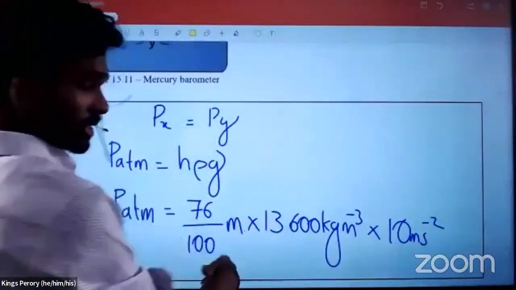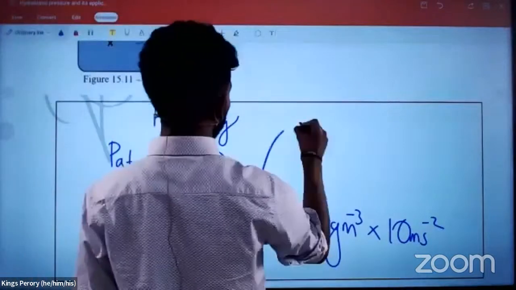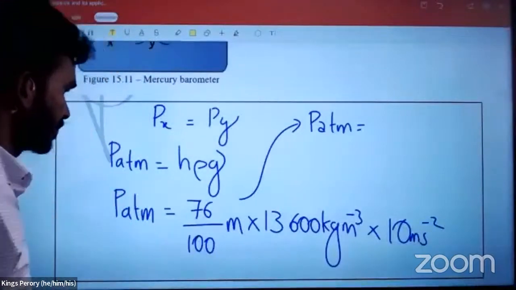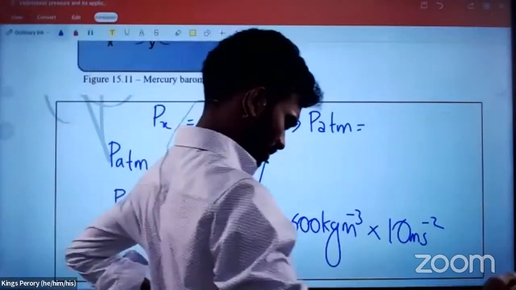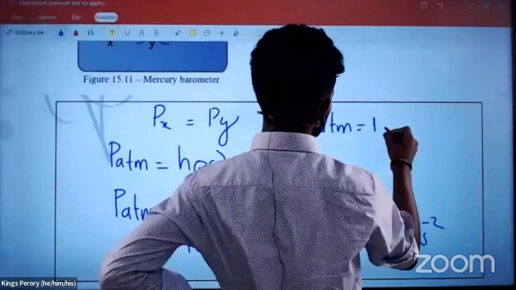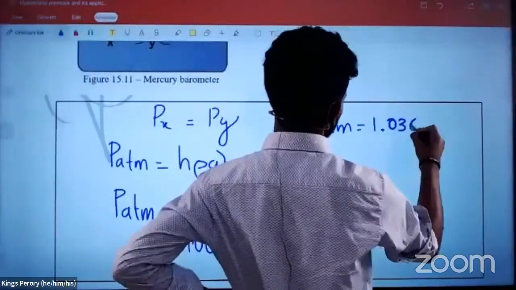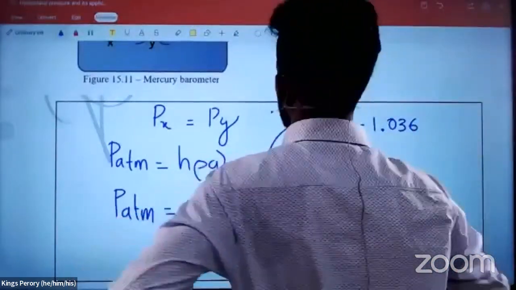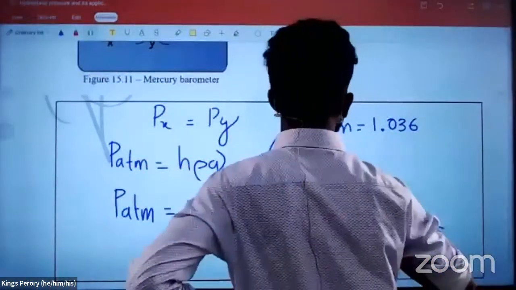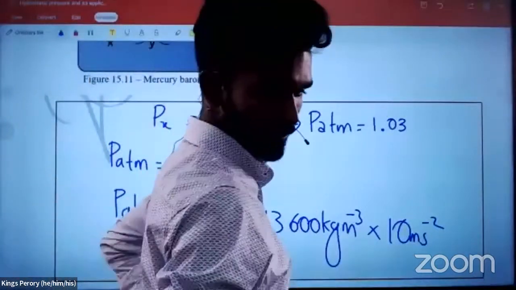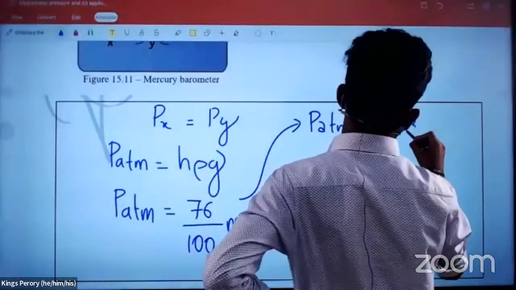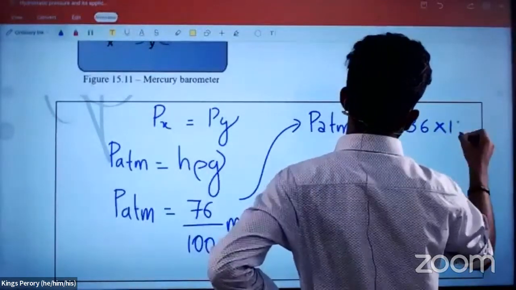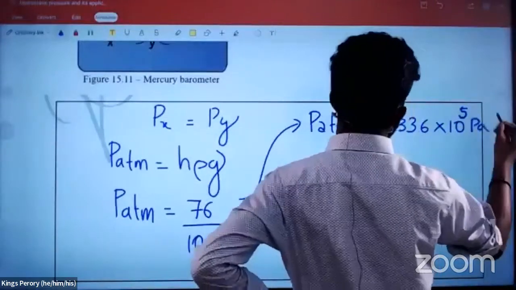You do the math here, and you get atmospheric pressure, which is 1.036 into 10 to the power 5 Pascal.